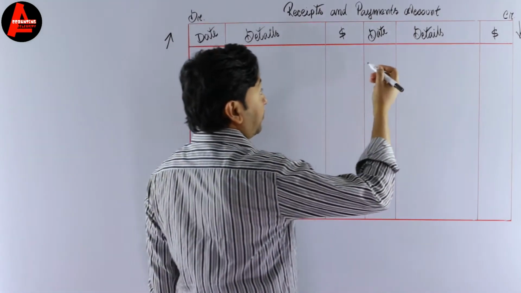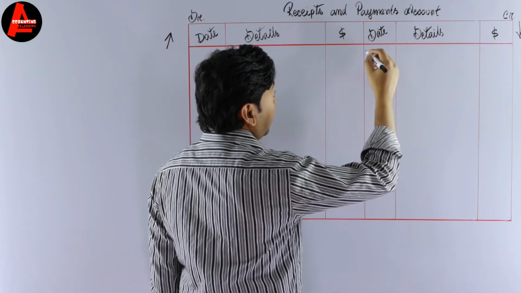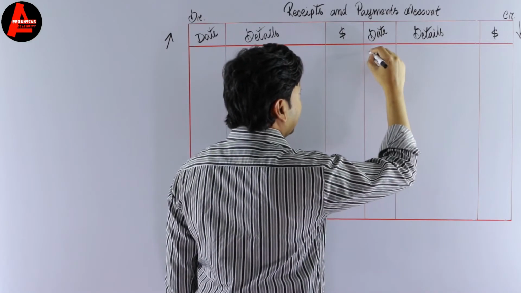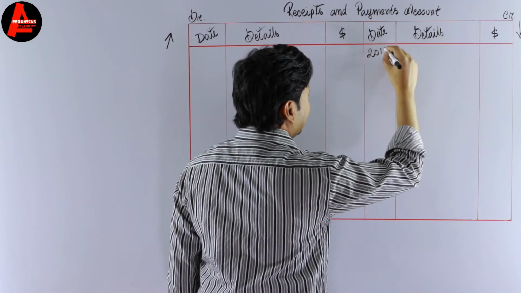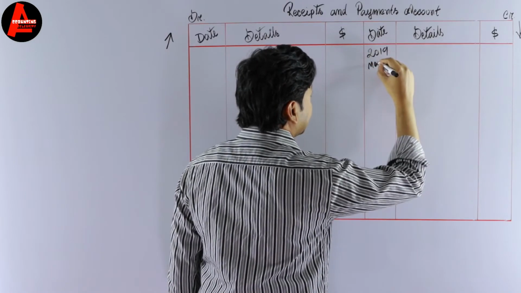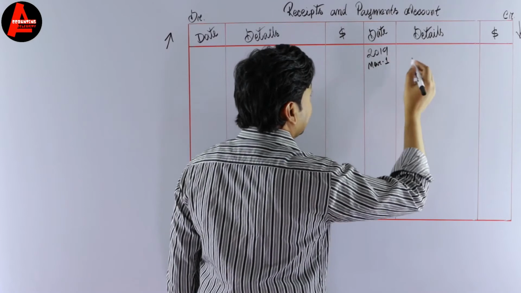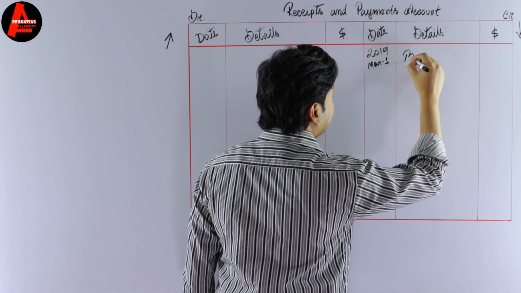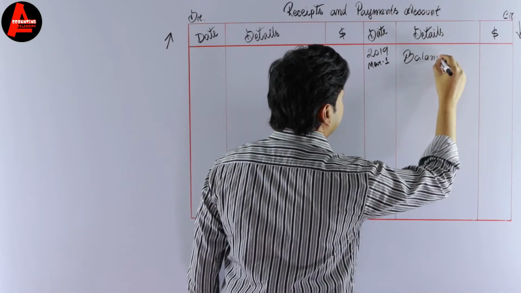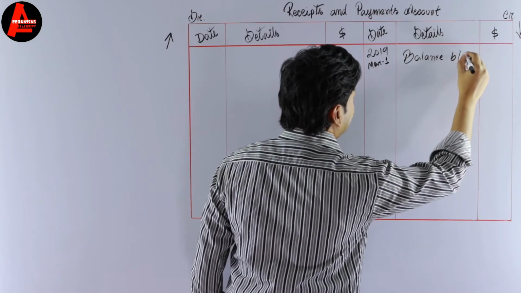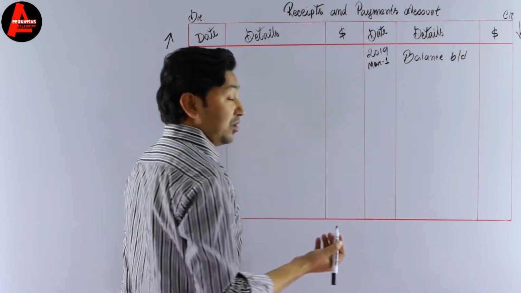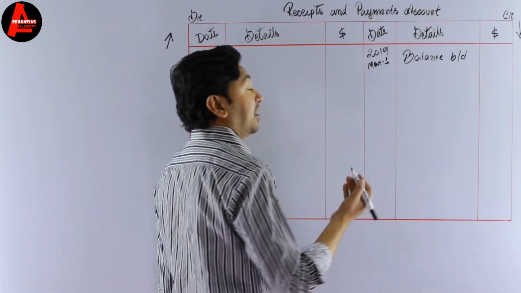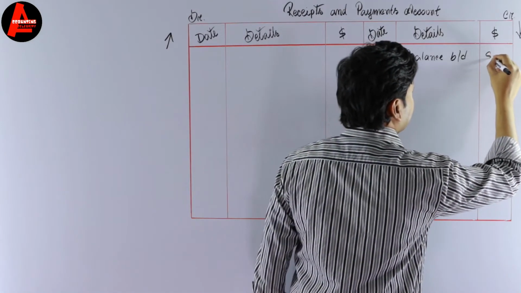The club financial year started on March 2019, so let us write here 2019 March 1st. Here we will write balance b/d. B/d means brought down. This is the opening balance of this club, so it is $845. Let us write it here.